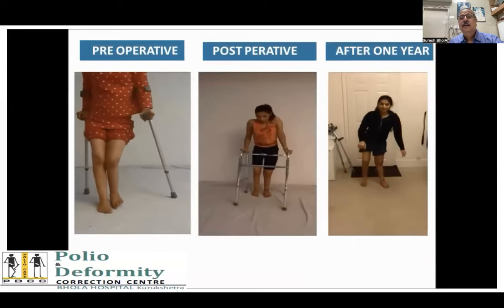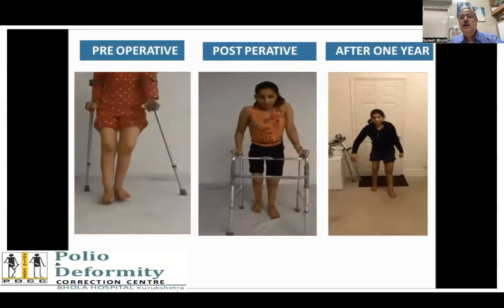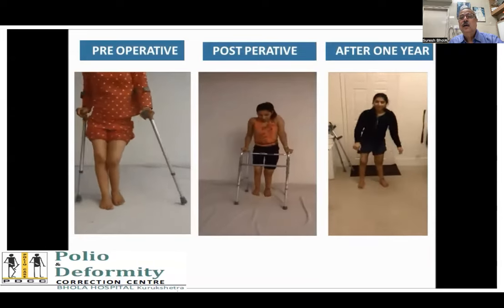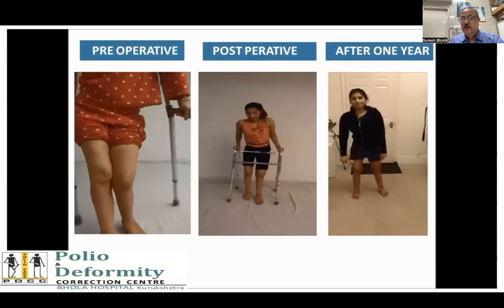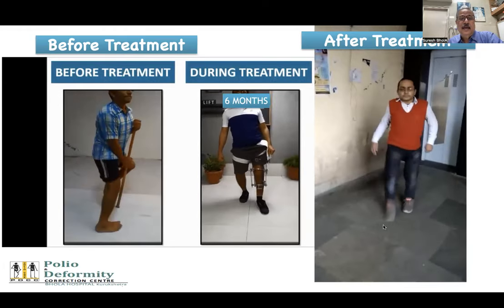A girl who was walking with the help of crutches initially, and with surgery, she could walk without any crutch. He's a doctor by profession, this young man, hanging lower limb.